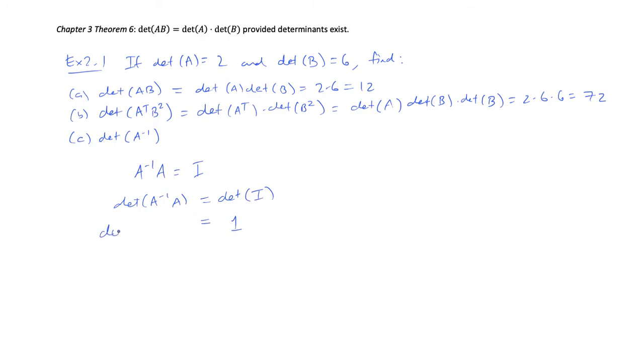And the determinant of A inverse A is going to be the determinant of A inverse times the determinant of A. These are both real numbers, so I can divide, and I get 1 over the determinant of A. So that's interesting. The determinant of A inverse is 1 over the determinant of A, and we're going to use this fact to find the determinant in this case, which is 1/2. So we have 1/2, 72, and 12.